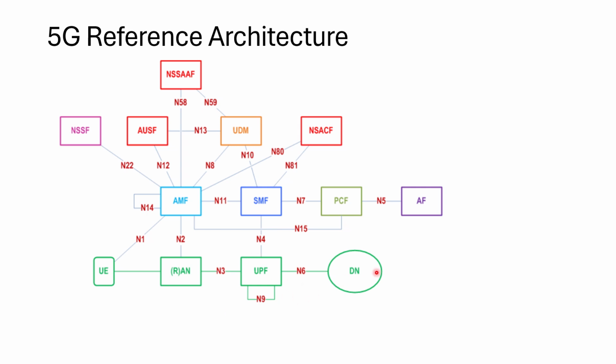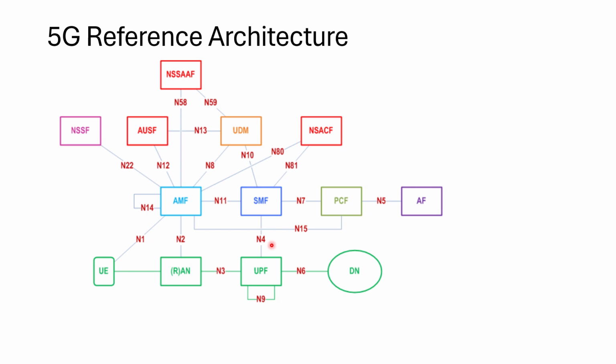Then we have the CUPS architecture. Inside the CUPS architecture, we have one interface, N4, and the nodes are SMF and UPF. This N4 interface is between the SMF and UPF, and it is the physical implementation of control and user plane separation.